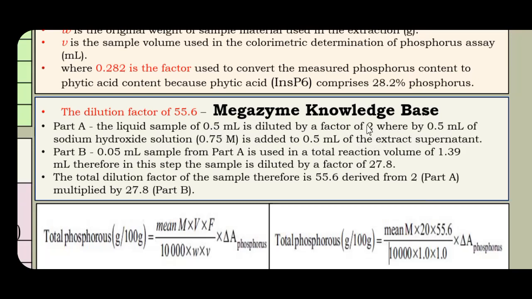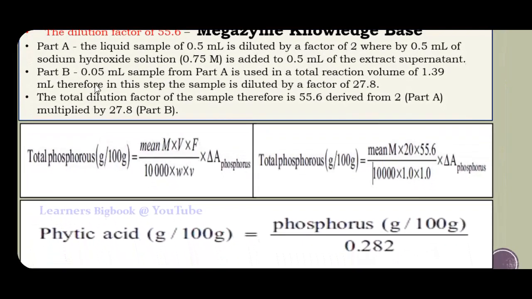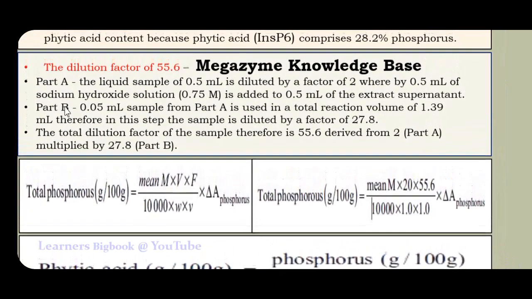Because of this neutralization, the sample of 5 ml is going to be neutralized and diluted. Again, it is diluted twice, in the sense whatever the concentration has been reduced to half of it.